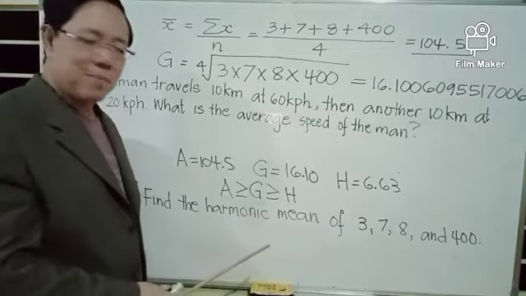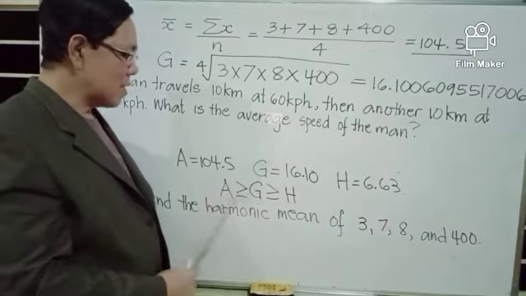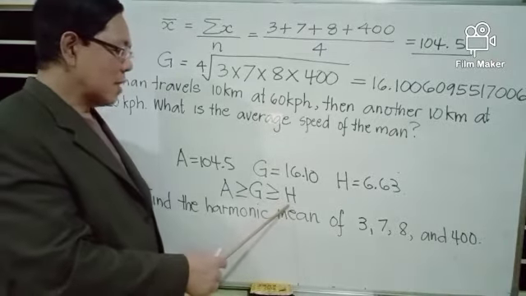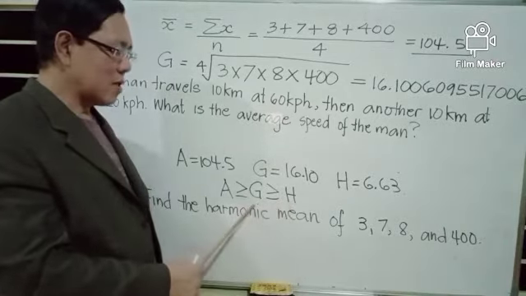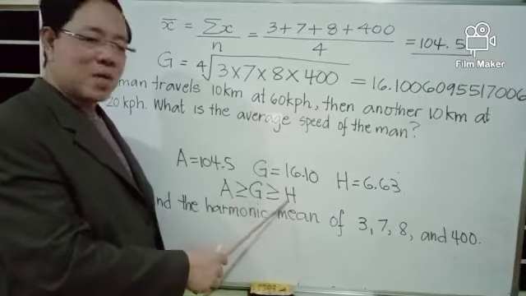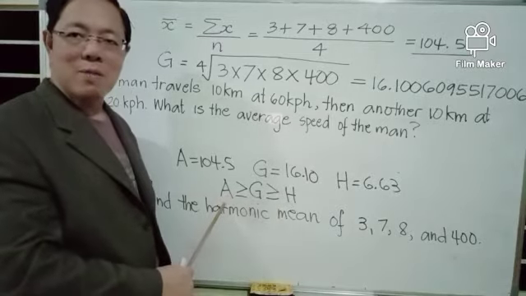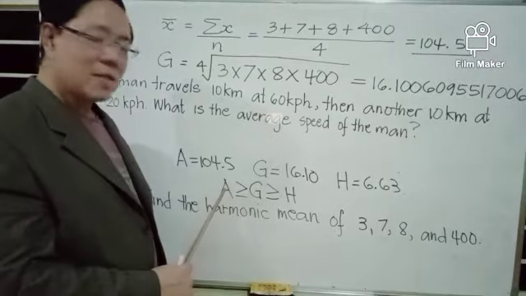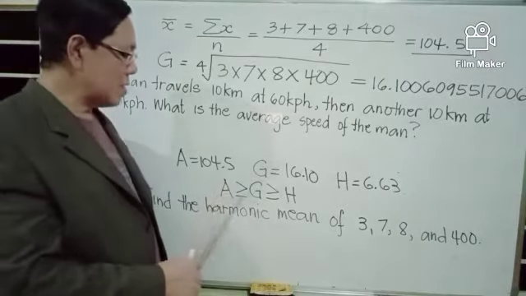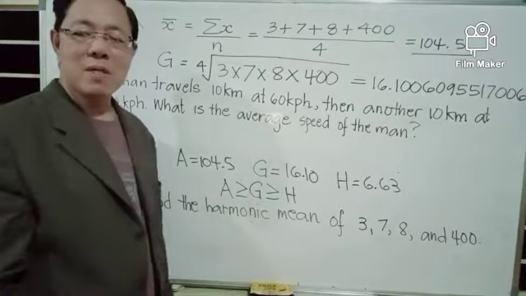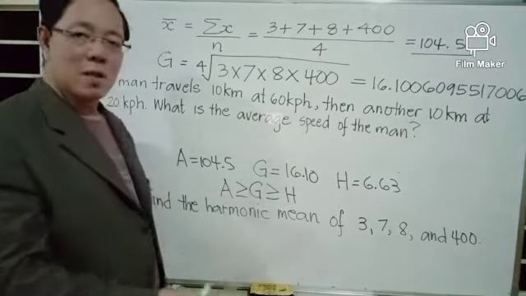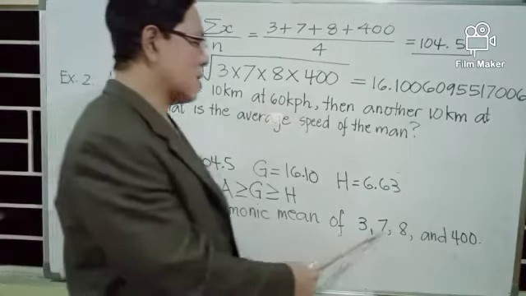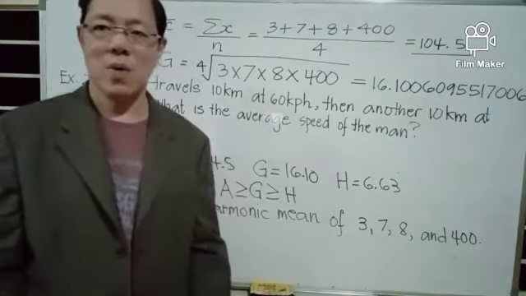It is less than or equal to the geometric mean, and less than or equal to the arithmetic mean. These three means would only be equal if all the values in the given set of data are equal.